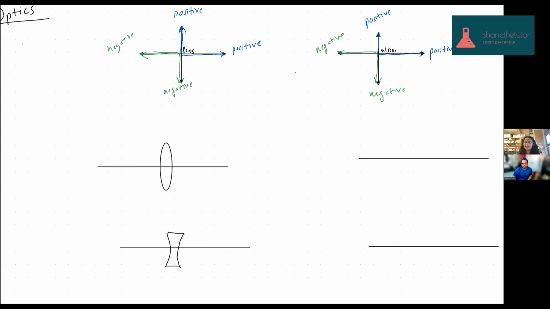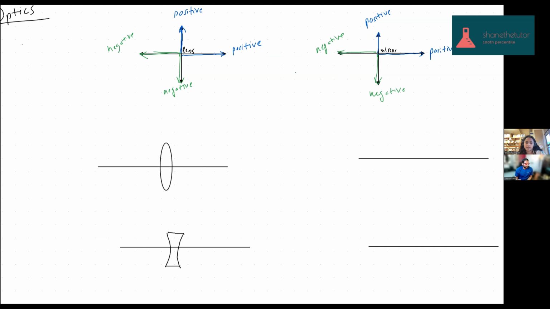I think the bottom one is the concave. Yep. And the top is convex. Yep. You could think of the word cave as being like an opening. That's also why a cavity is called a cavity. It's an opening, right? So concave will be thinner at the middle of the lens, and convex will be thicker at the middle of it.